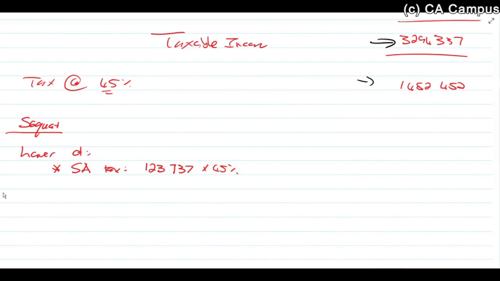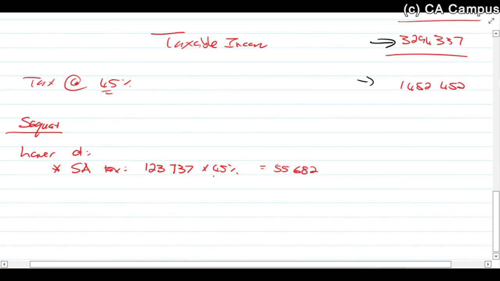It works out to 55,682. It works like this for companies also because the tax rate is a standard. The better way of doing it is to say 123,737 divided by the taxable income, 3,294,337, and then to multiply that by the tax. Now again, that gives you the same amount.